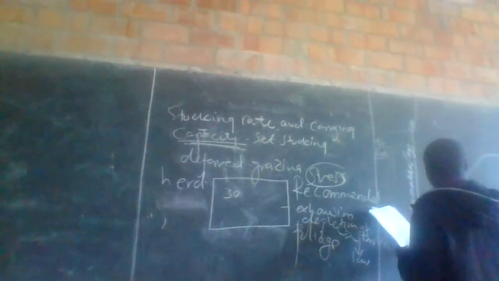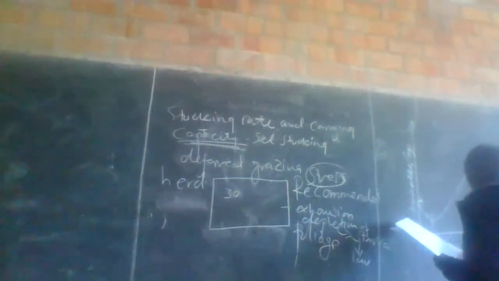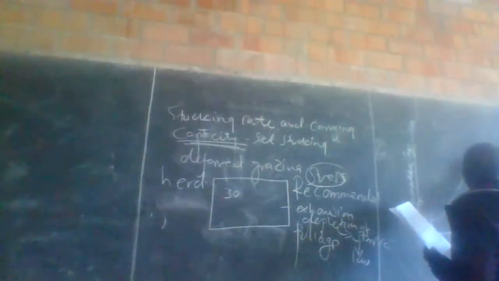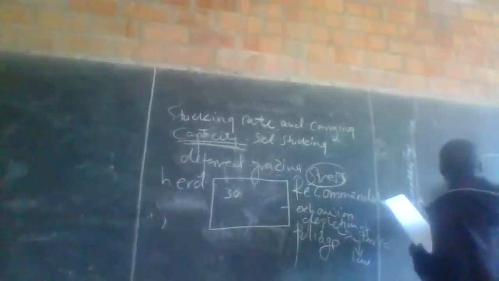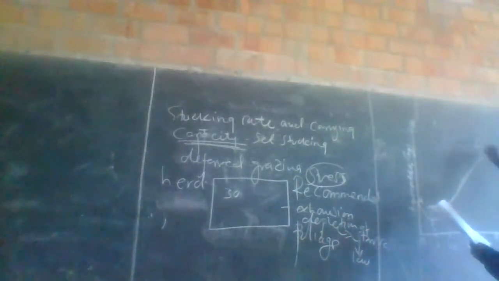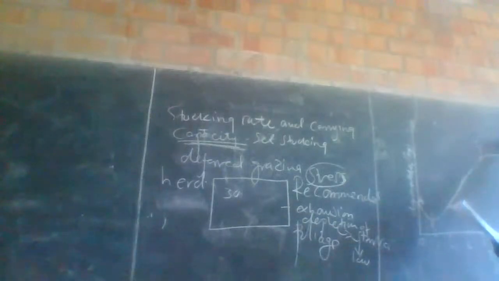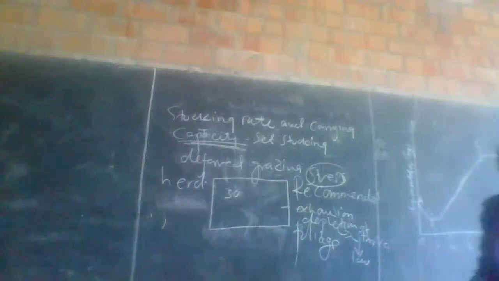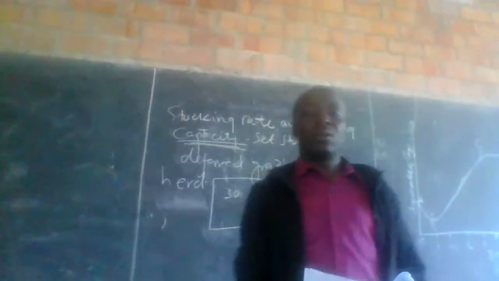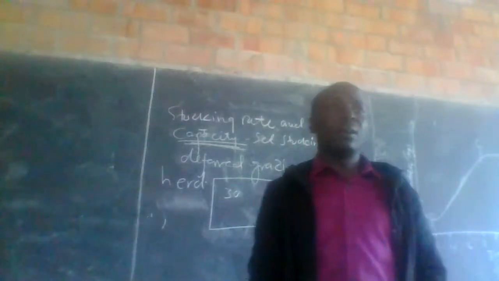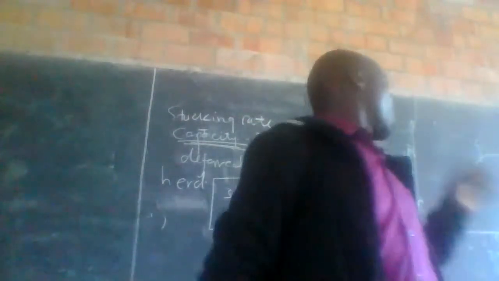We are saying that is A. That is C. That is B. E. At least now you can write the questions on your own. You just look at that. Can't you write the questions?